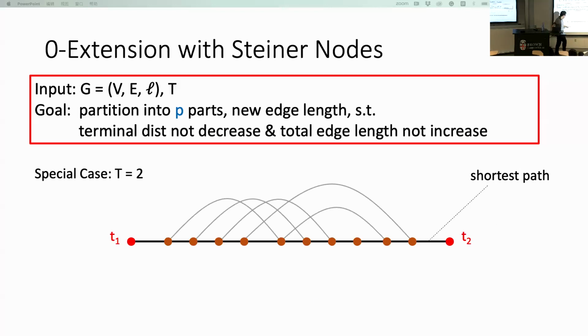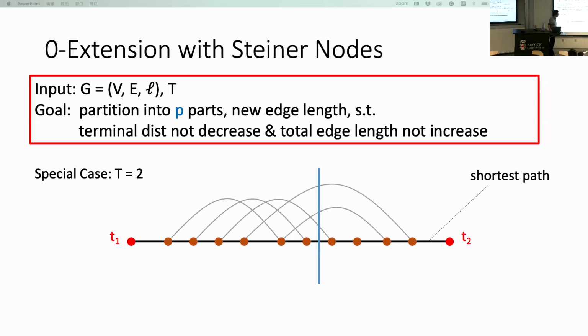Let's do this. Pick a random edge on this path with probability proportional to its length, and perform a random threshold cut. So this edge is chosen uniformly at random according to its length, and the threshold cut means whatever lies on the left of this threshold is contracted to T1, whatever lies on the right is contracted to T2.